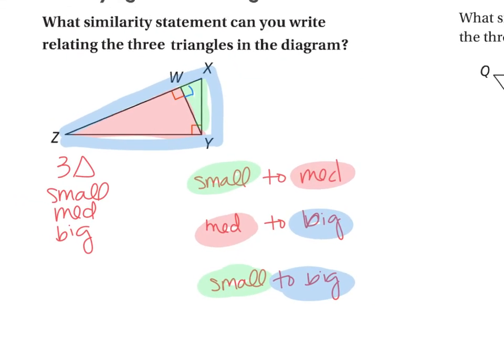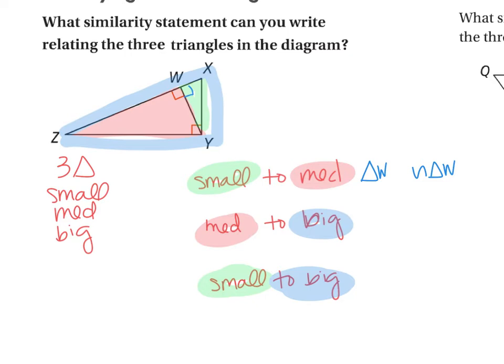So the similarity statements, small to medium, you're going to have triangle something is similar to triangle something. So in the small triangle, let's start with the right angle. The right angle on the small one, that's the green one, would be what letter? W. Okay, we're doing small to medium. So the right angle in the medium-sized triangle would also be W. Okay, so now let's do the fat angle.